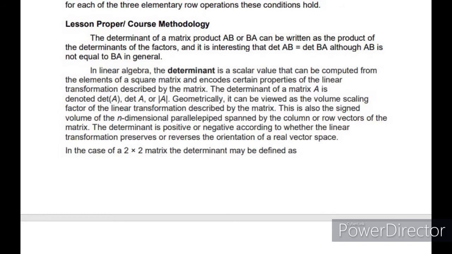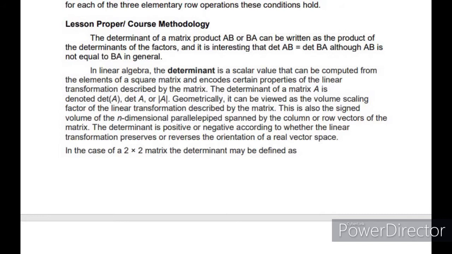So, what is a parallelepiped? A parallelepiped is a three-dimensional object which is composed of 6 parallelogram sides. Okay, so this has similar descriptions in the video that you watched before, because the transformation is made by the spanning of the column or row vectors of a matrix.